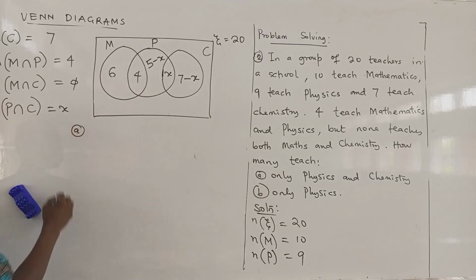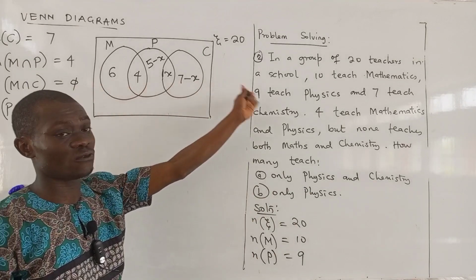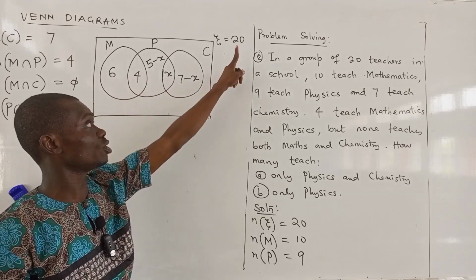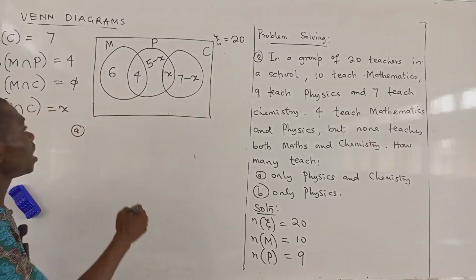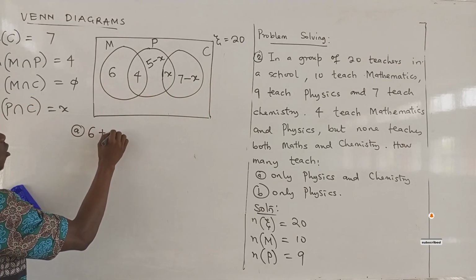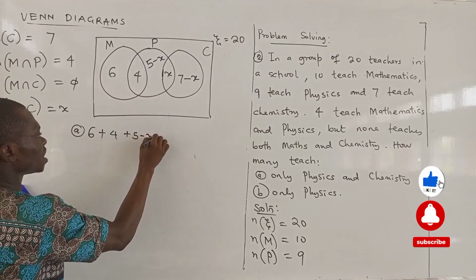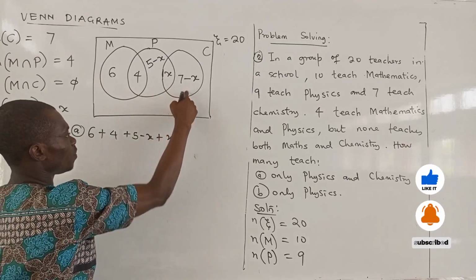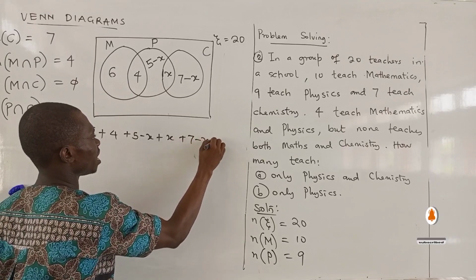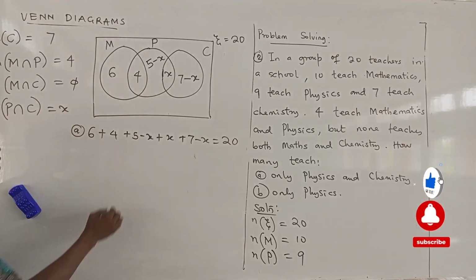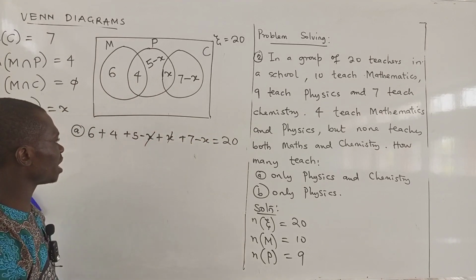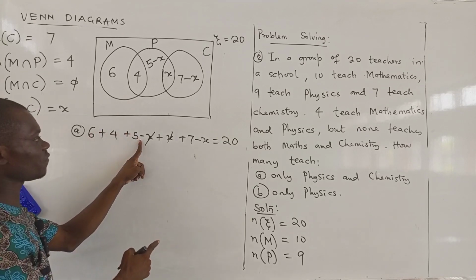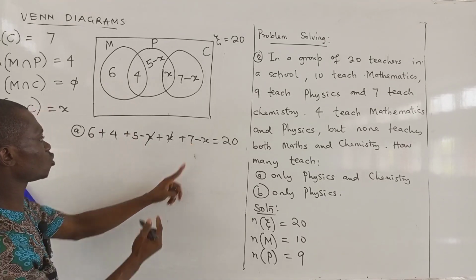So for x, what do we do? Add up everything here. Take the union. If you take the union, it must be equal to 20. That gives us 6 plus 4 plus 5 minus x plus x plus 7 minus x, and everything is equal to 20. Here this x will take away this x. 6 plus 4 is 10, plus 5 is 15, plus 7 is 22.